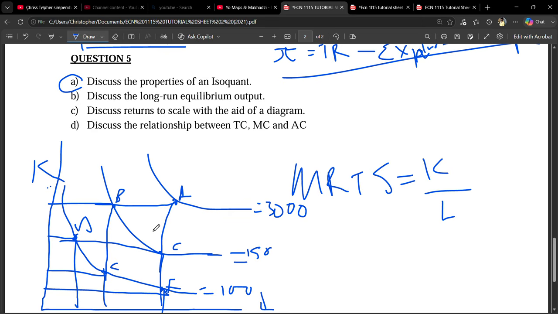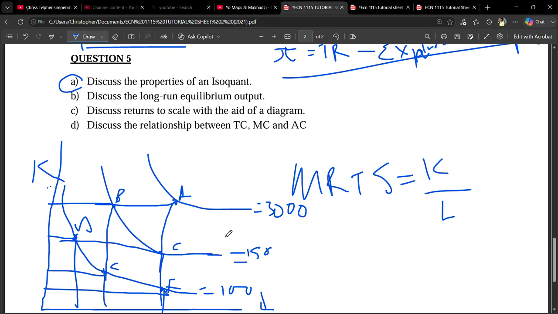The further the isoquant is from the origin, the more quantity we are going to be producing than the other ones, because you're going to be using more of the inputs, and the more the inputs are, the more the output is going to be.